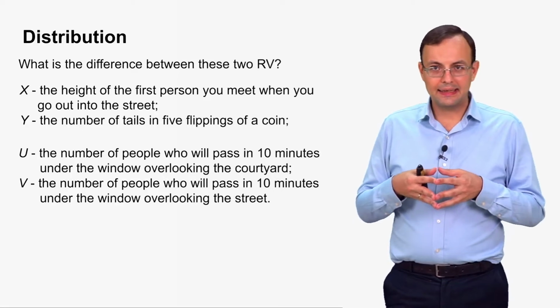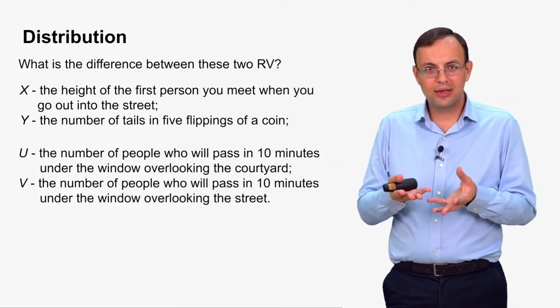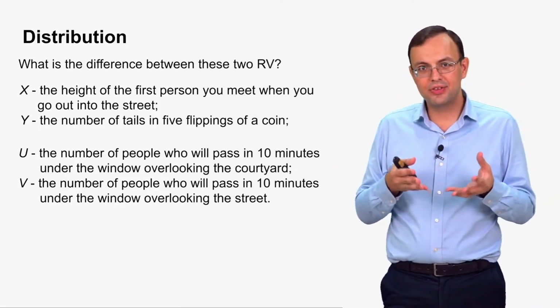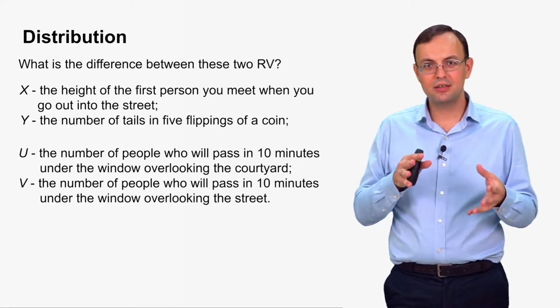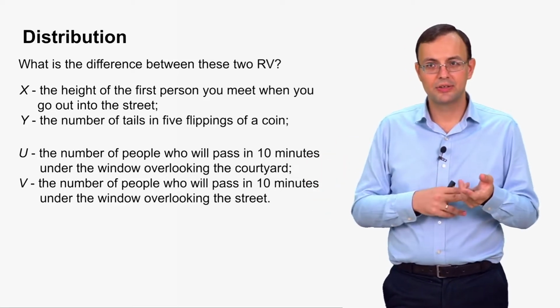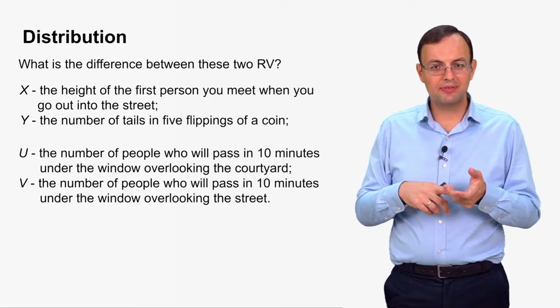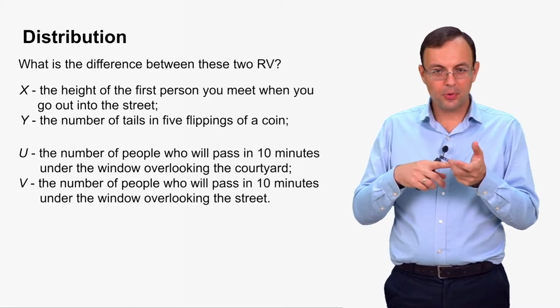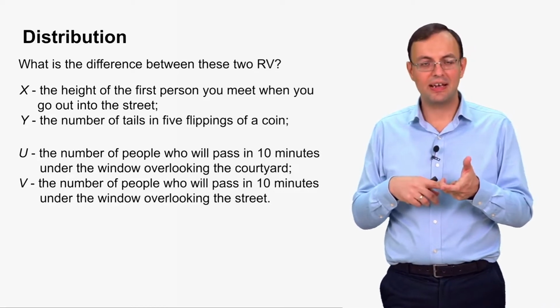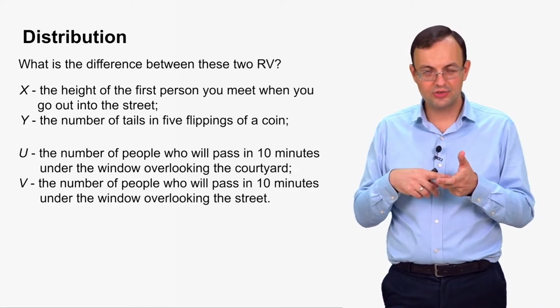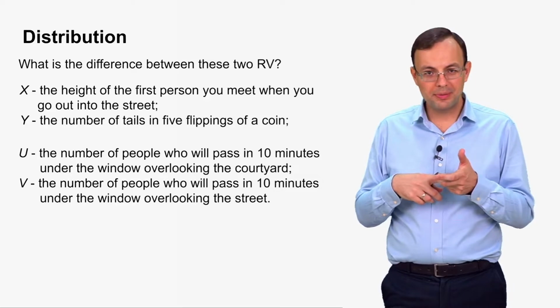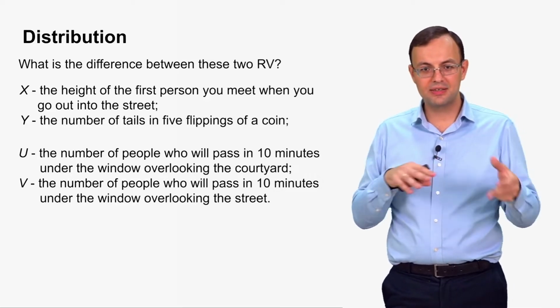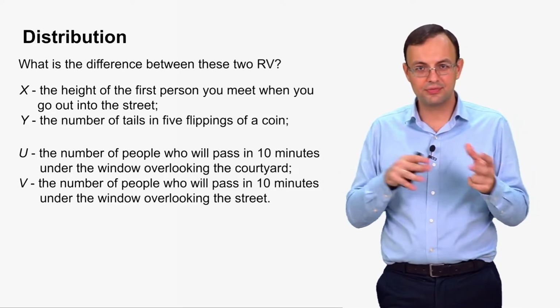So to conclude, we can say that the main difference between random variables is the set of possible values, this is the first, and probabilities to take these values. So for each value, the probability to take this value may be different for different random variables.